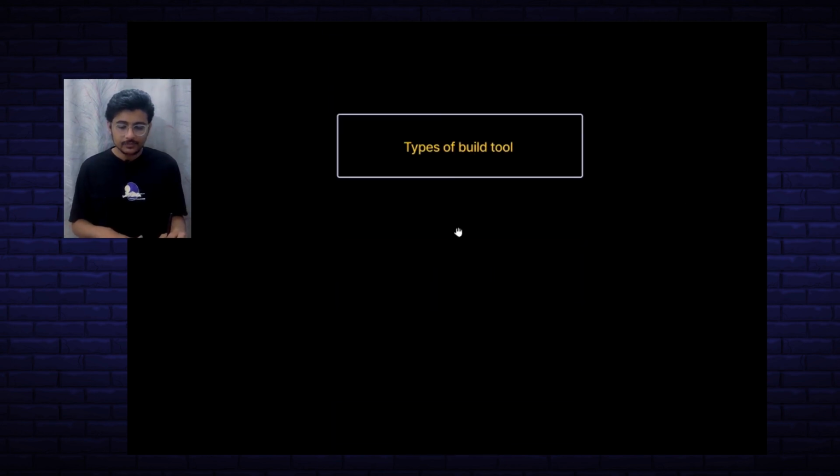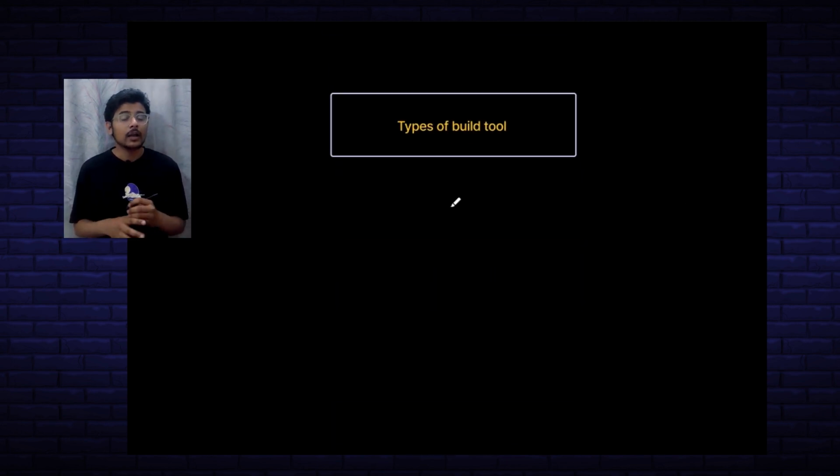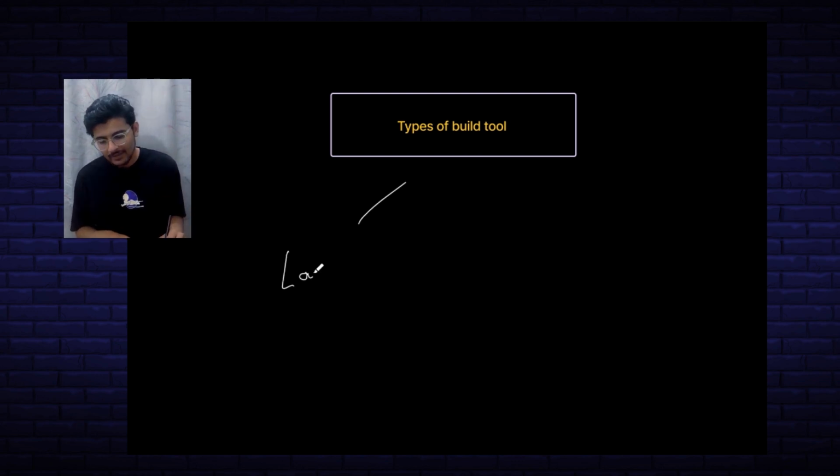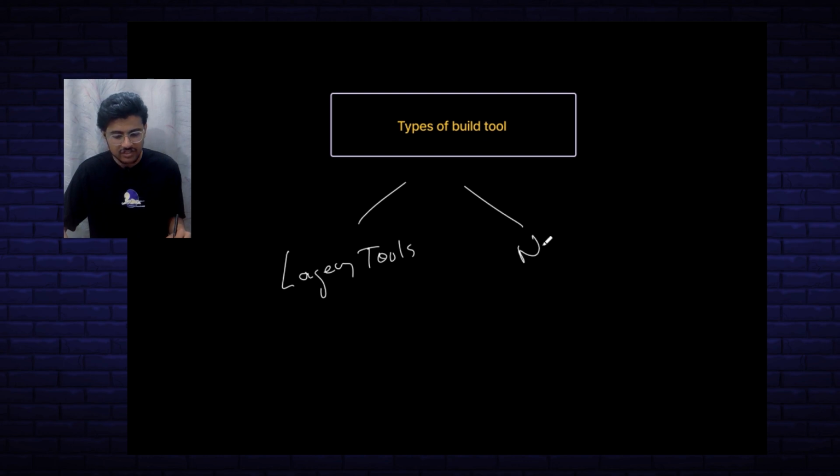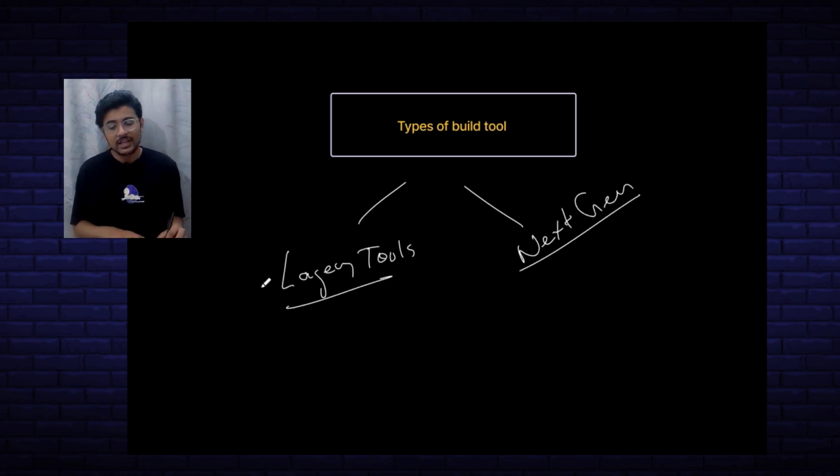All right. Now let's see what are different types of build tools, and I categorized them into two parts. One, legacy tools, and second, next gen tools. That's how we describe them. Legacy tools are tools that have been around for a long time, and I know what you're thinking about. You are thinking about Webpack.